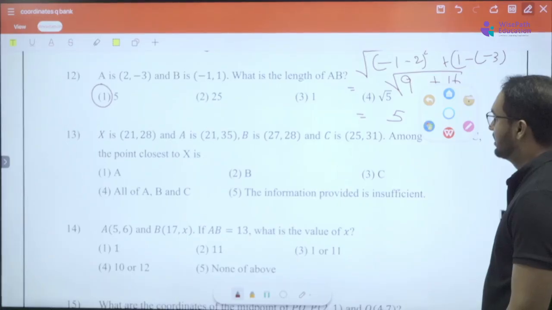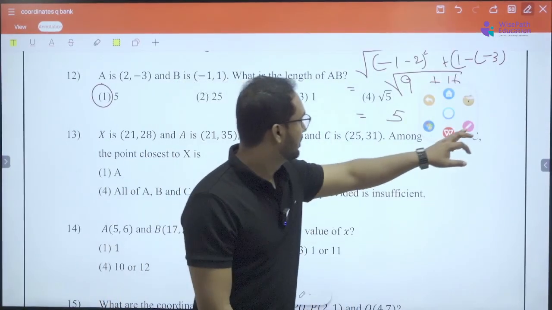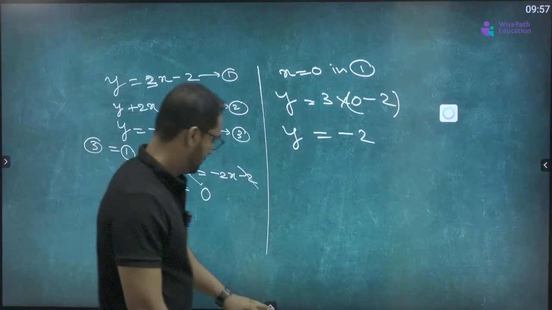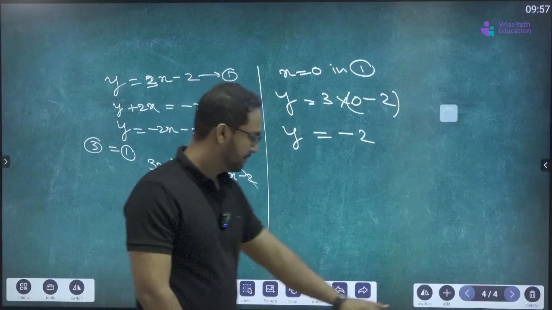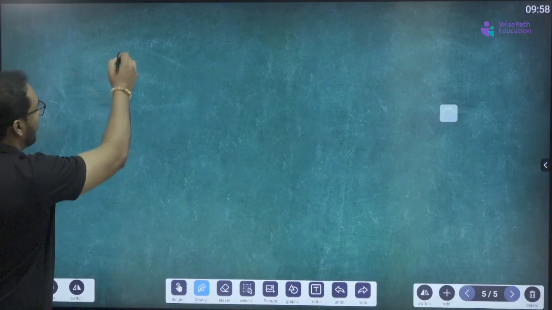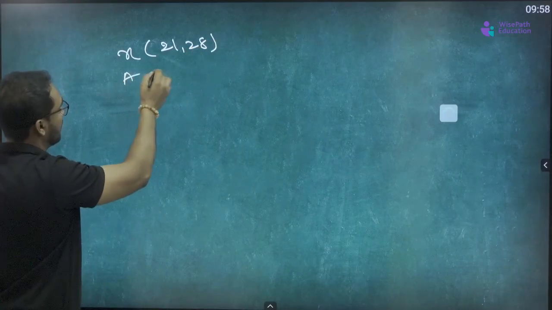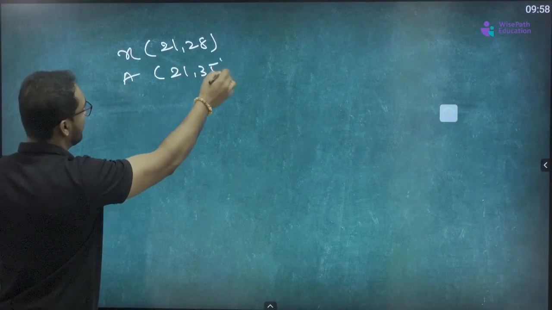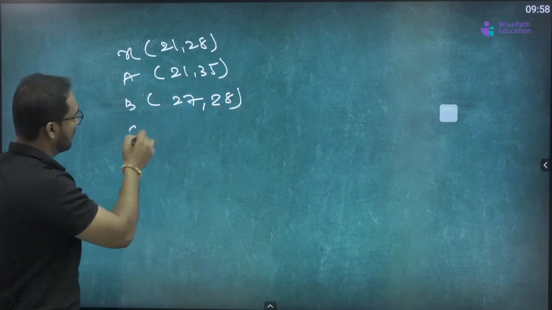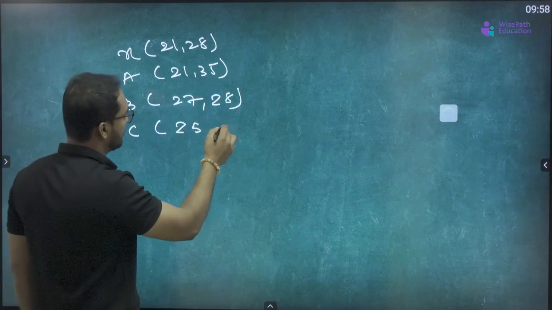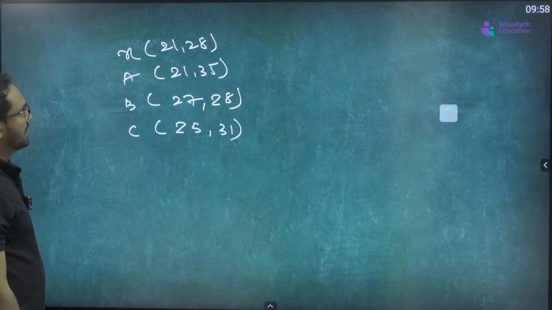C is 25, 31. Right. So they are asking for the closest to X.